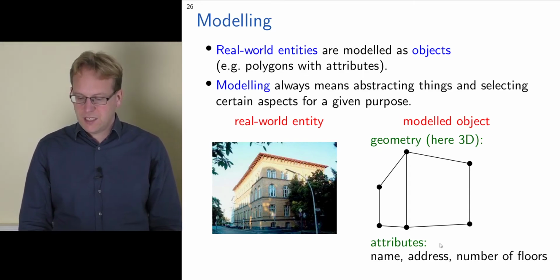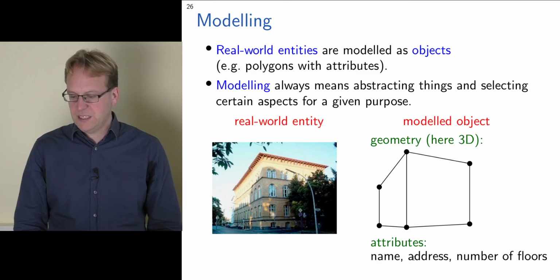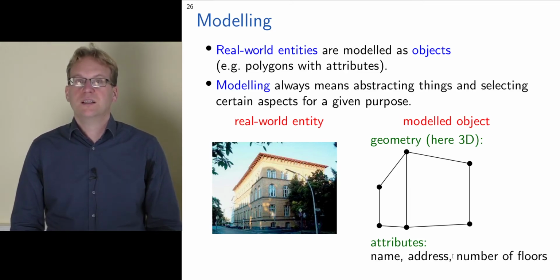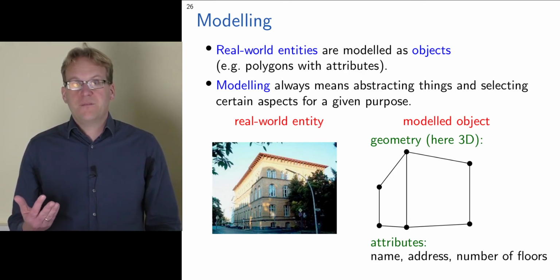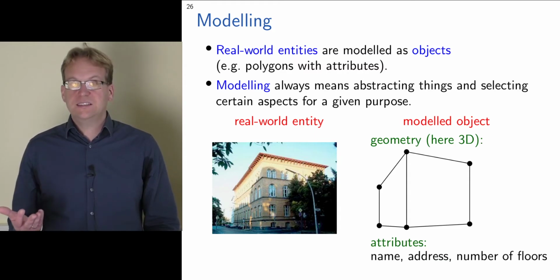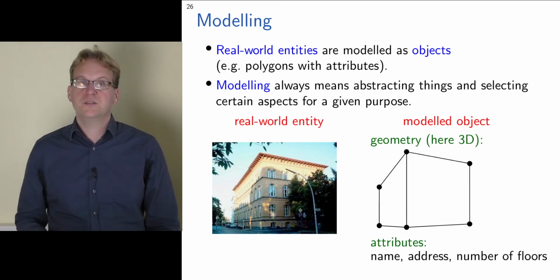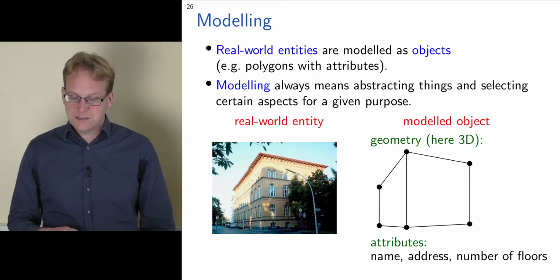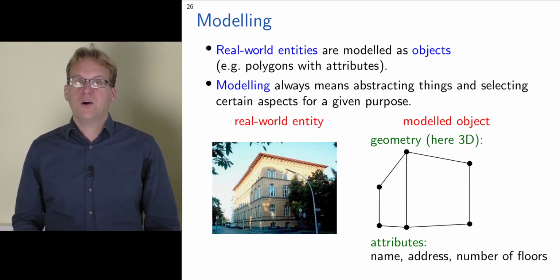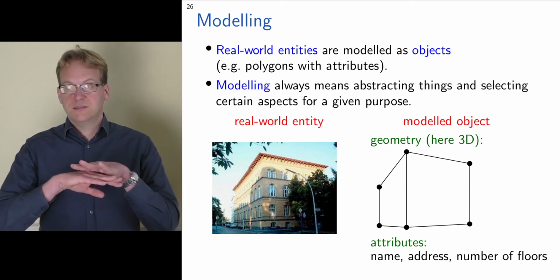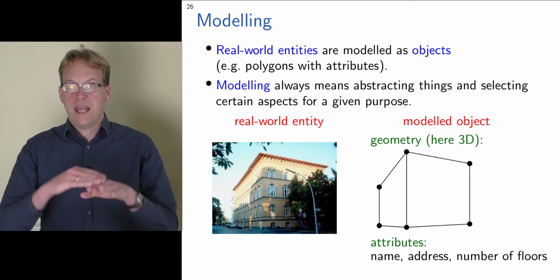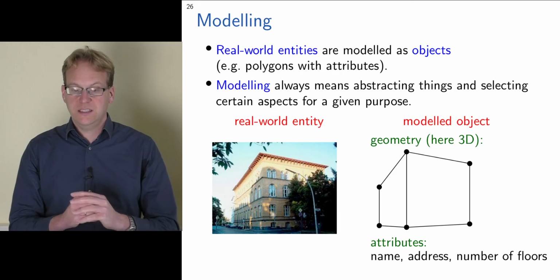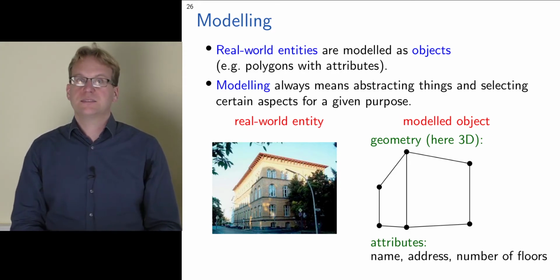And that has attributes, maybe name, address, number of floors. Think maybe of applications like facility management. Of course the company who is cleaning this building needs to know how many floors are there, what is the size or the area of the surface that we need to clean. So attributes like this might be relevant then for the facility management.